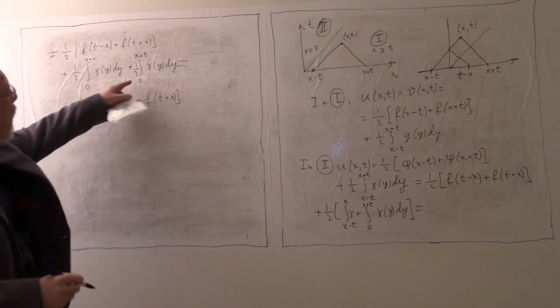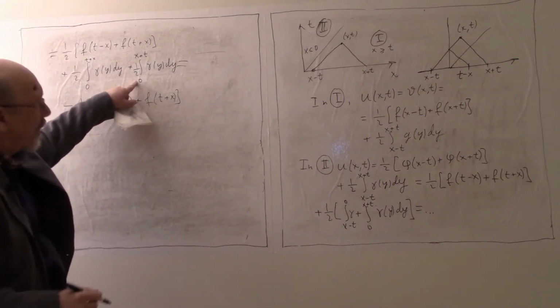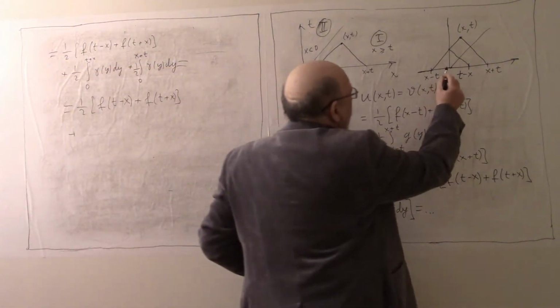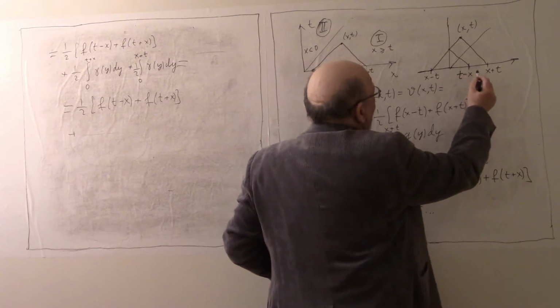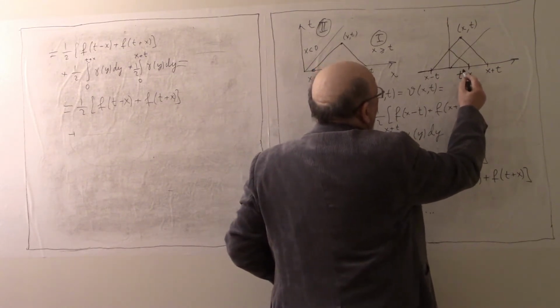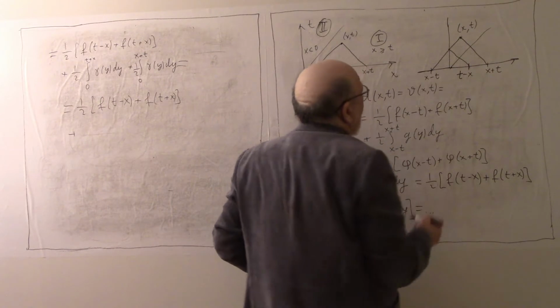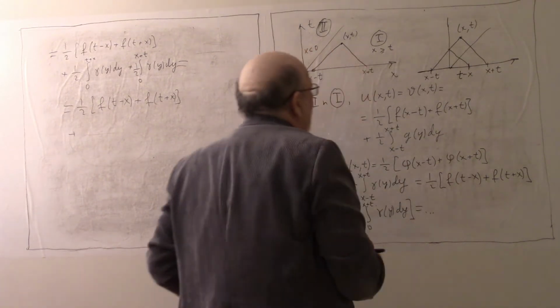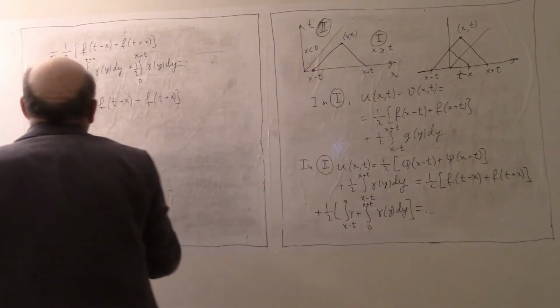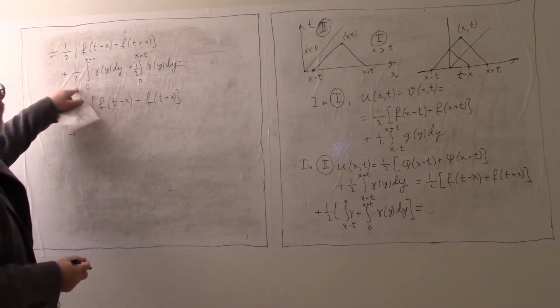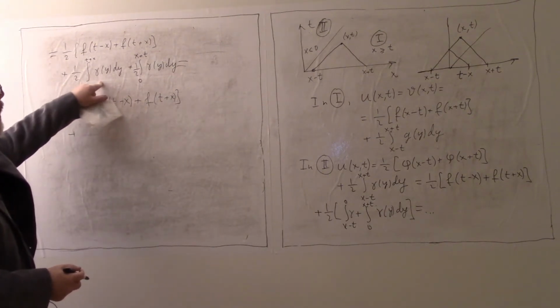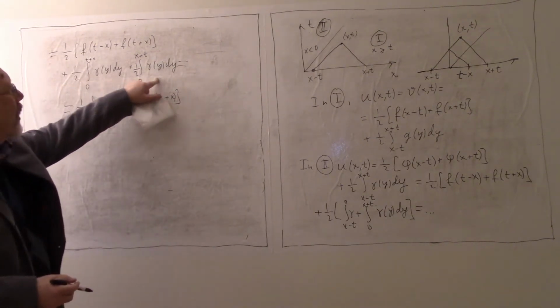Plus this integral, which is again a sum of the integral from 0 to t minus x plus the integral from t minus x to x plus t. So we have two times this integral and once this.